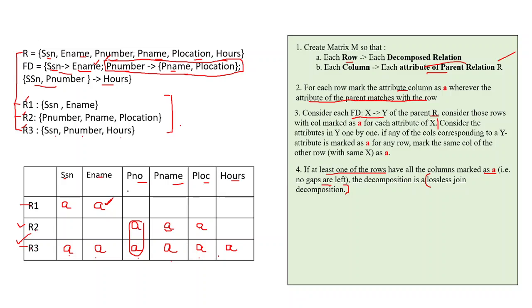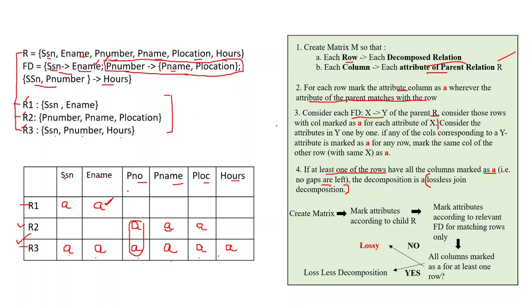In a nutshell, what we did is we have created a matrix first. Then we have marked the attributes according to the row, that is the child or the sub relations of the original relation R. Then we mark the attribute according to the relevant FD for matching rows only.